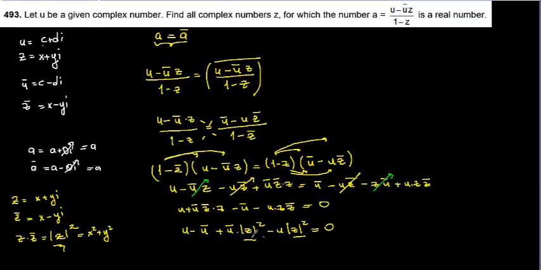That's okay. But this one, okay, u minus u conjugate, and now if I take z modulus square in parentheses, I will get u conjugate minus u. But these terms here, u minus u conjugate, and u conjugate minus u, they are additive inverses of each other.